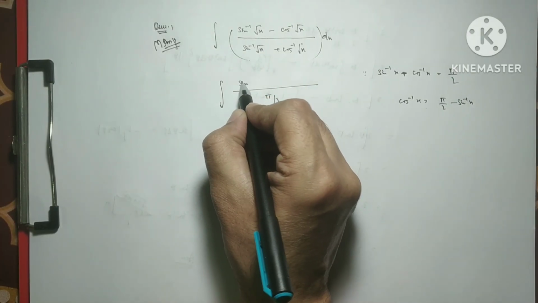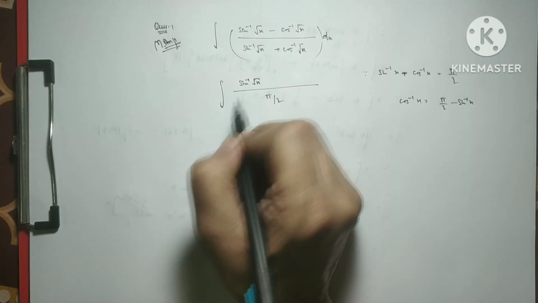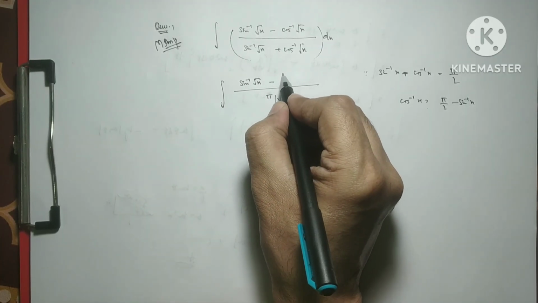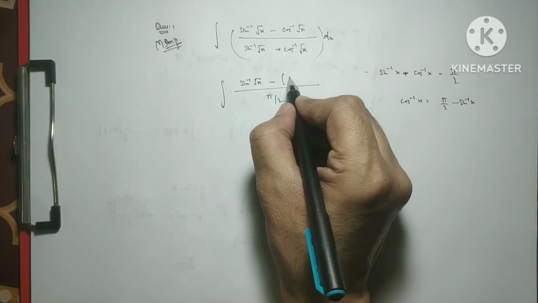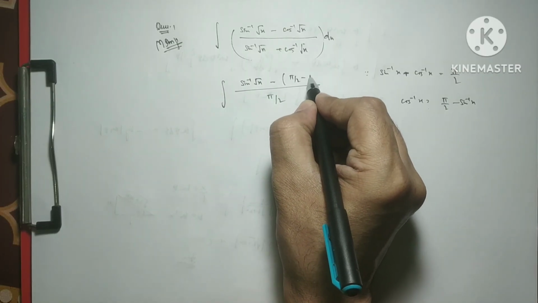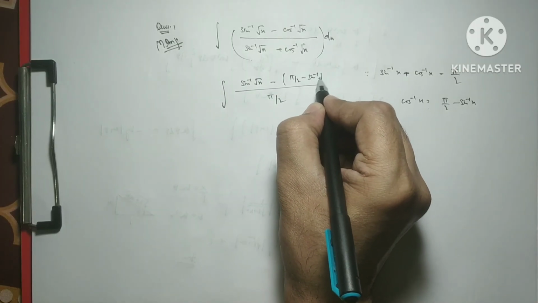We have sine inverse root x minus, we substitute the value of cos inverse in terms of sine inverse, that will be pi by 2 minus sine inverse root x.